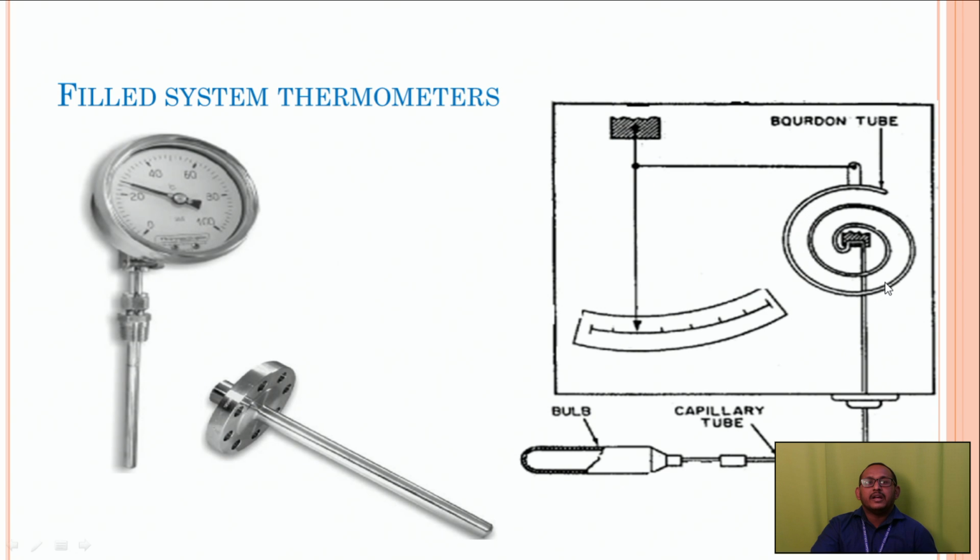As the temperature still increases, the Bourdon tube will be deviated. The pointer placed on this measuring system, the scale, is connected to the Bourdon tube, and based on the deviation in the Bourdon tube, the temperature will be measured on the pointer scale.